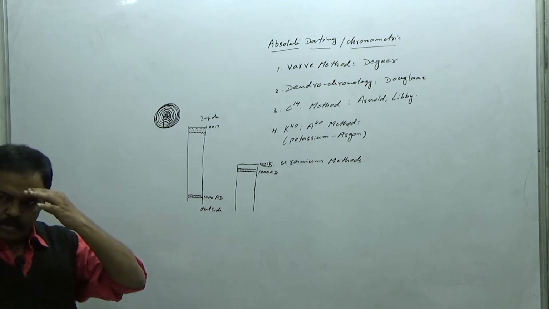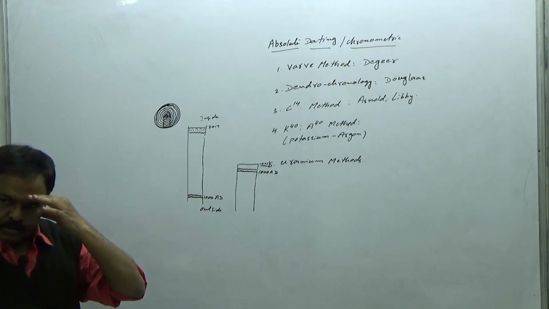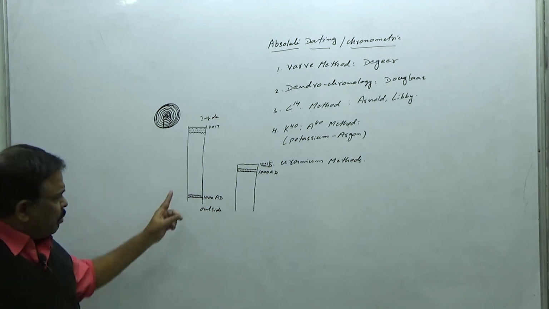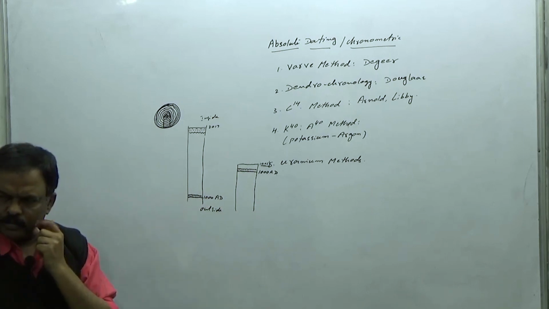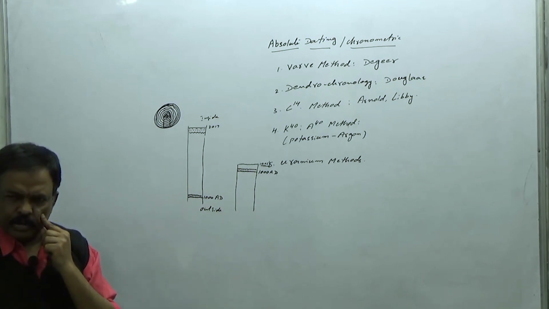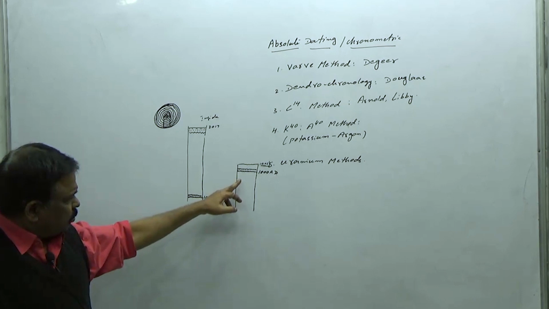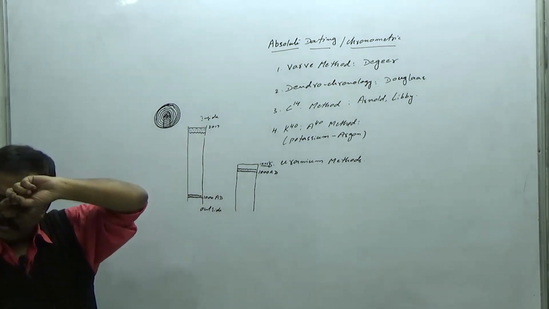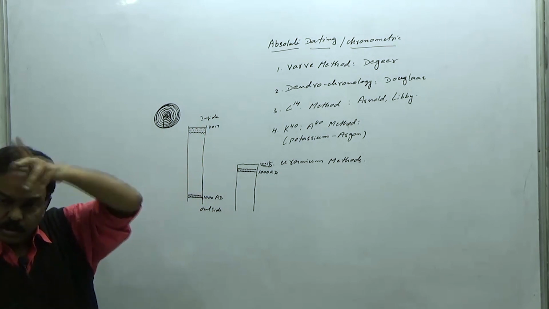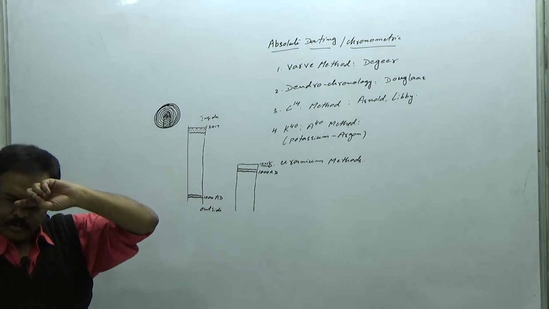Perfectly it is useful. We can do absolute dating. But matching is definitely not so easy. Is it? Yeah. After this, maybe there is a gap of 100 or 2000 years. Then how is it possible? Understand what I am saying?